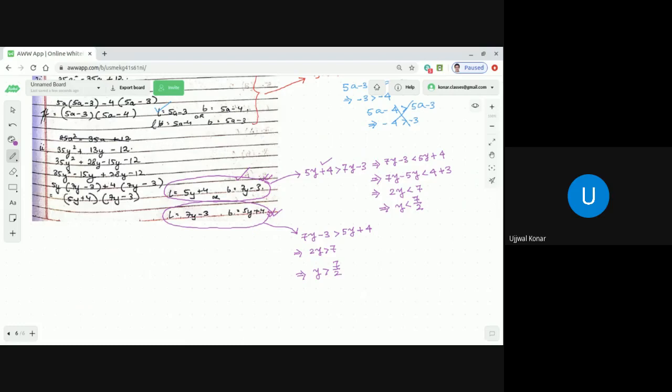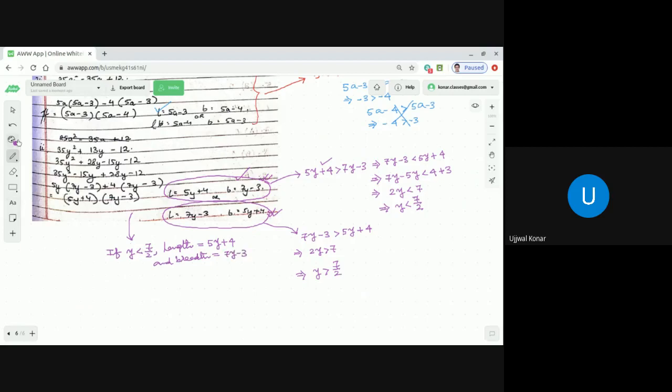So here both the combinations are possible, but under conditions. So what we can say is that if y is less than 7 by 2, length is equal to 5y plus 4 and breadth is equal to 7y minus 3.